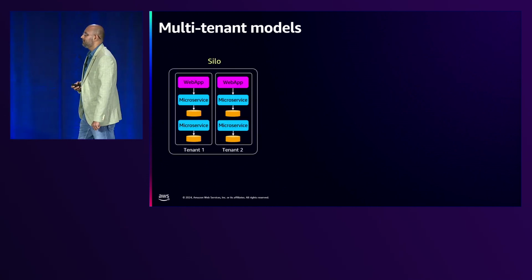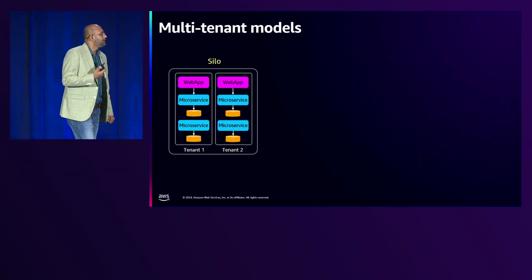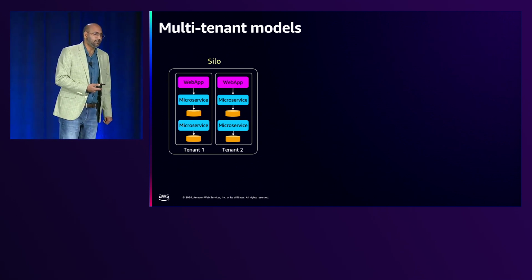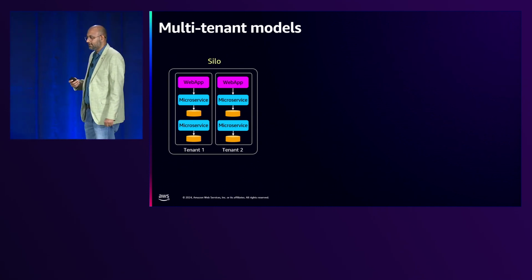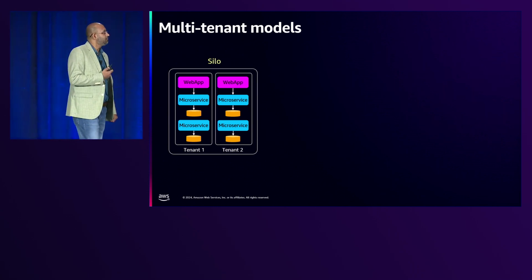The very first one is silo. It is quite a common one. There is no brainer here. It's like for each tenant we are provisioning different resources. It's a very easy architectural choice. You just deploy the resources on a per tenant basis. The advantage you have is it's easy.